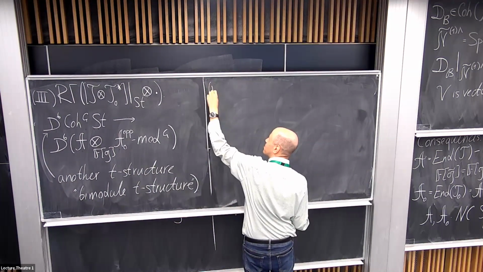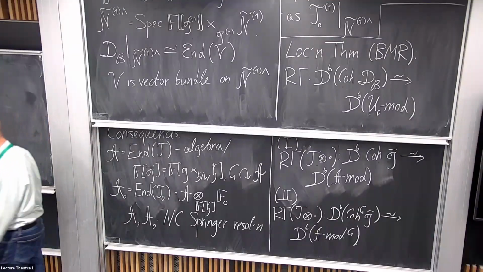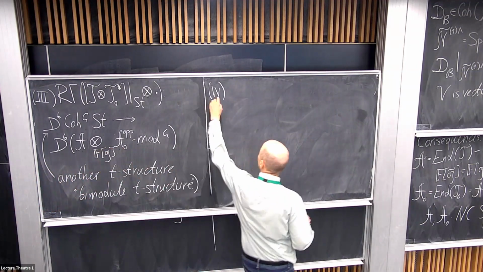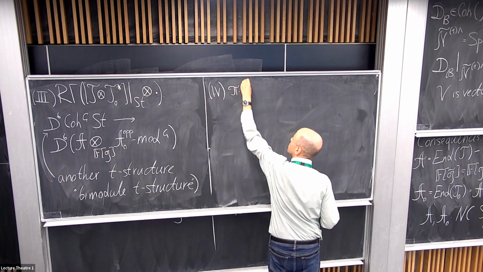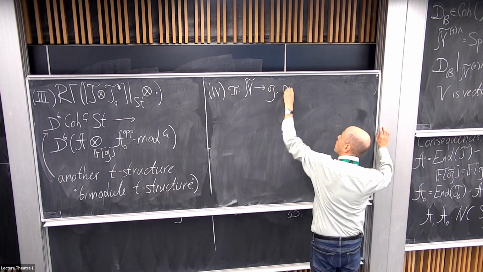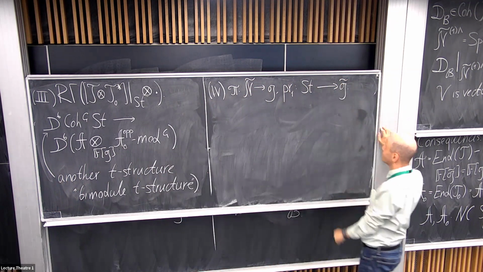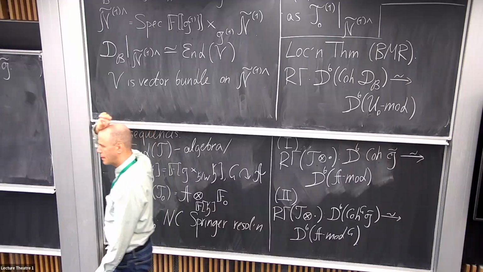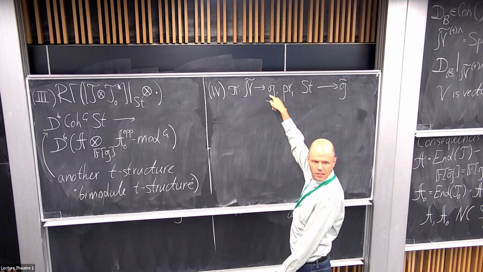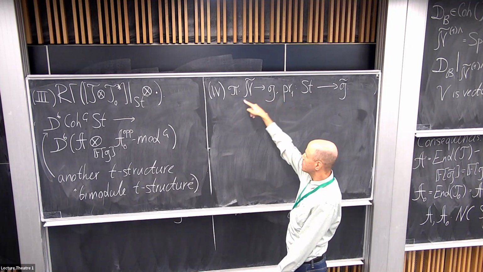So those who successfully survived derived equivalence number 3 can get to derived equivalence number 4, which will require yet a bit more notation. I'm going to write pi for the Springer resolution map from N tilde to G, and I'm going to write PR1 for the projection map from the Steinberg to G tilde. Okay. And then I'm going to do the following. So A is an algebra over here. What I can do is pull it back under this morphism.